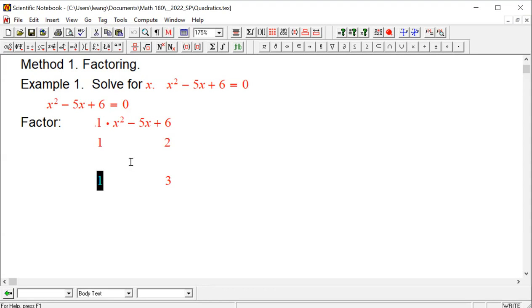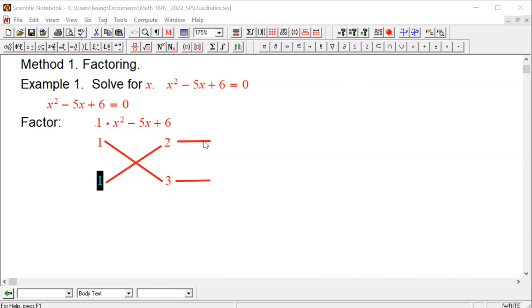And what I'm going to do is a cross product, cross multiplication. This is how it's done. I'm going to show you with the software on Zoom. We multiply these numbers: 1 times 2 is 2, 1 times 3 is 3.